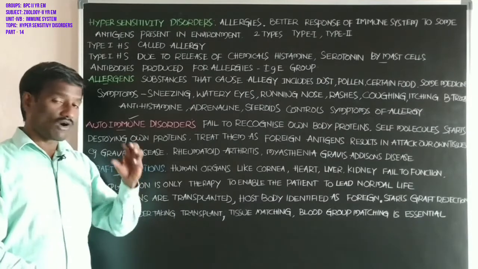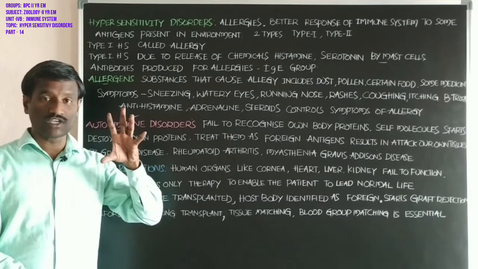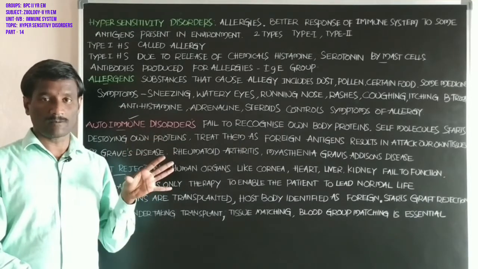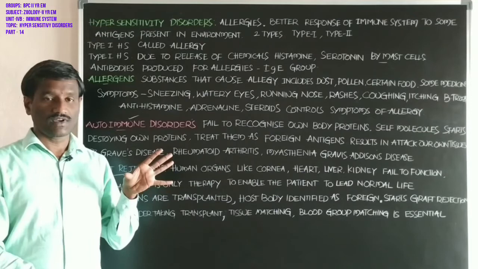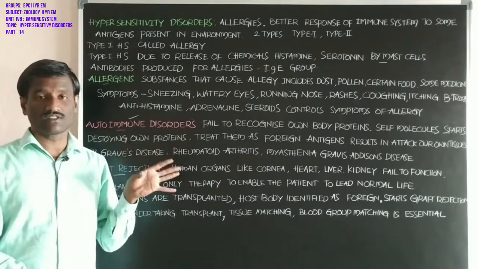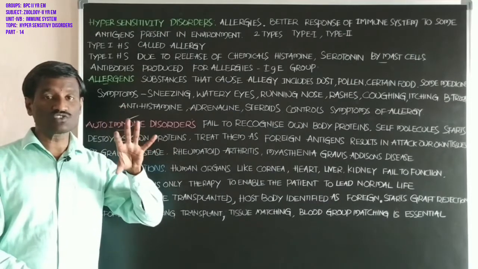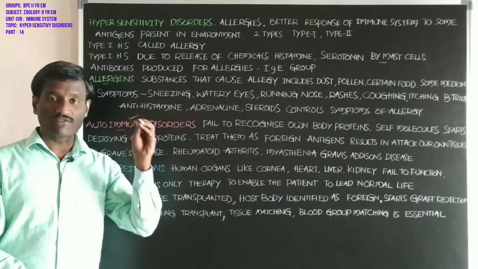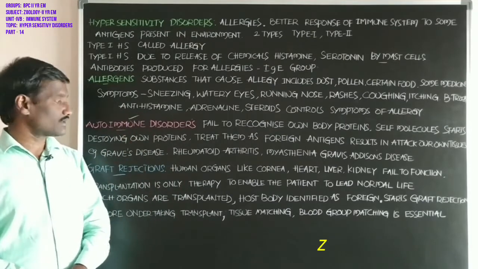Graft rejection is treated by using immunosuppressant drugs throughout the life of the patient.